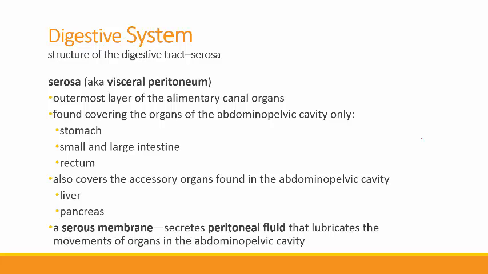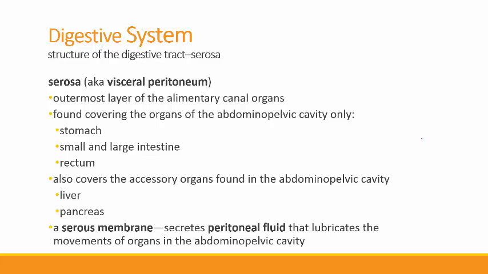So the stomach, the small and large intestines, the rectum, they are all covered by this layer of serosa, and it covers the accessory organs that are found in the abdominopelvic cavity as well. So the liver, the pancreas, all of them are covered by this layer of visceral peritoneum.